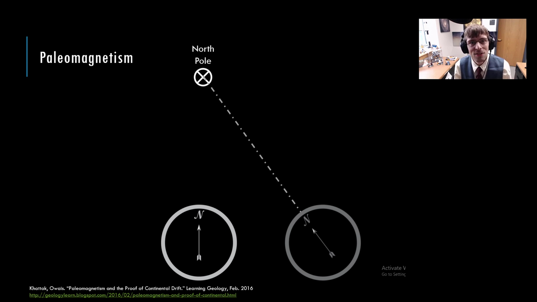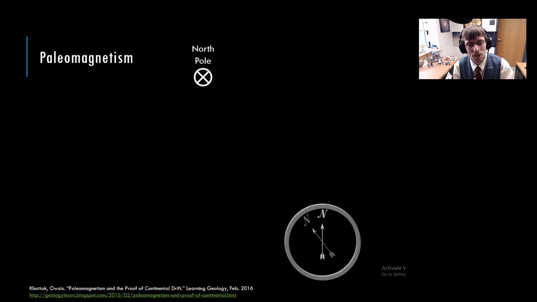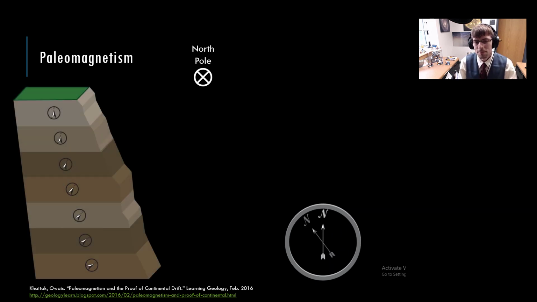Now let's imagine for a second, rather than these two compasses being at two different locations at the same time, let me think of them as being a single location at different times. So let me overlap those two for a second. I'm thinking single location at different times. And that's really what paleomagnetism is looking at.